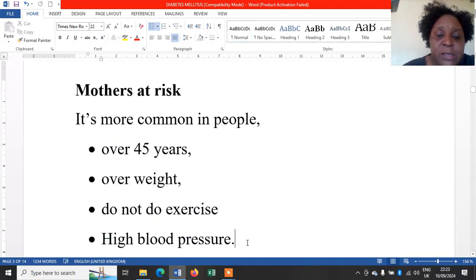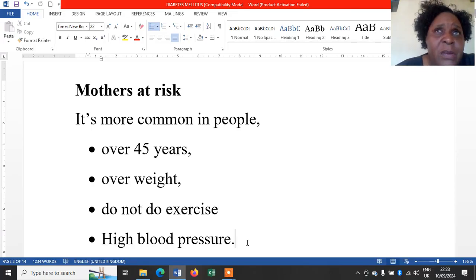So mothers who are at risk of gestational diabetes, why are we focusing more on gestational diabetes? Because with the other 3 types, this mother may have been living with her DM. She knows the drugs, she knows her management, but this first time the mother is coming for antenatal, she's reporting signs and symptoms, and she does not report any history of having diabetes.